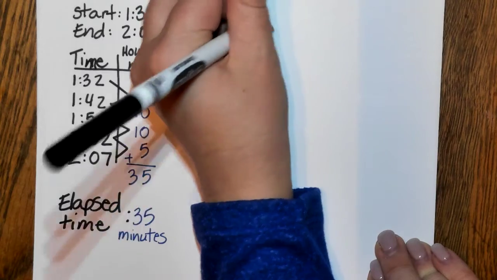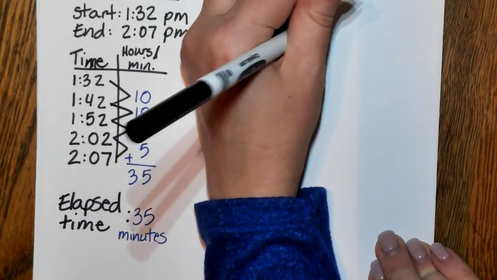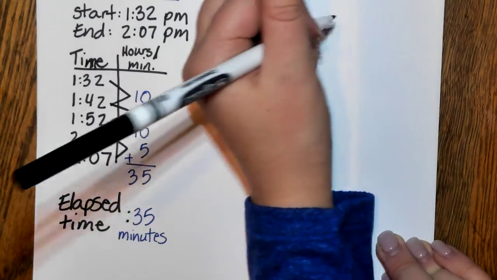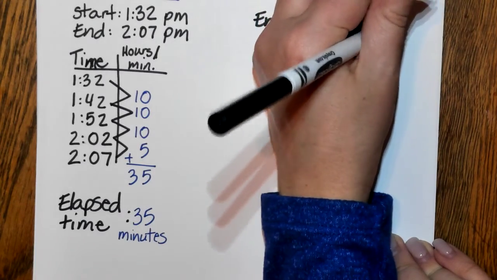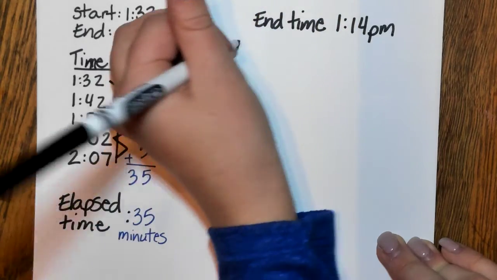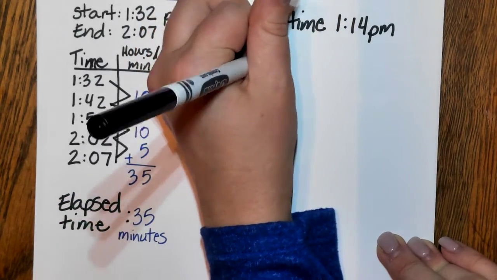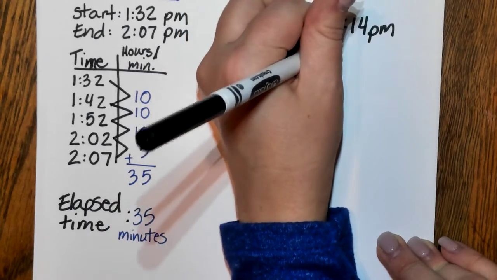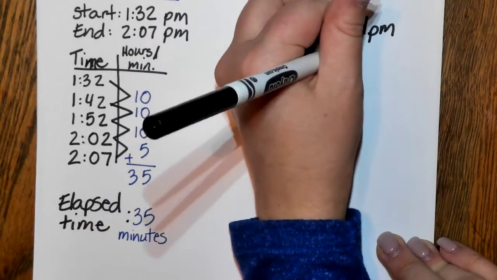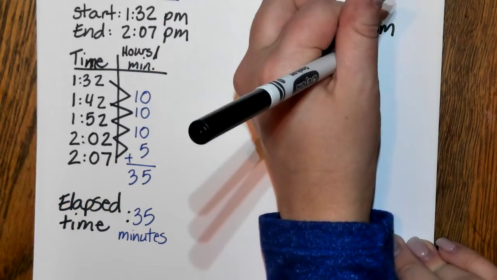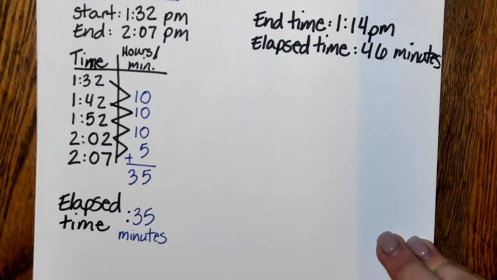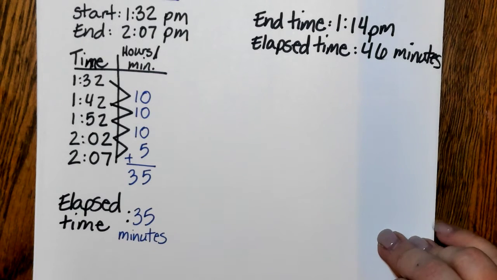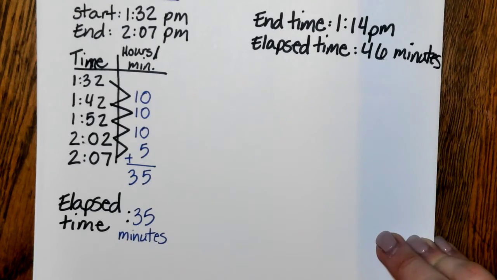If I'm given an end time, and that end time is 1:14, and I know that the elapsed time is 46 minutes, I can use a T-chart to figure out when I began or what my start time was.